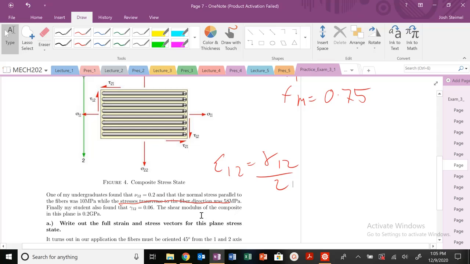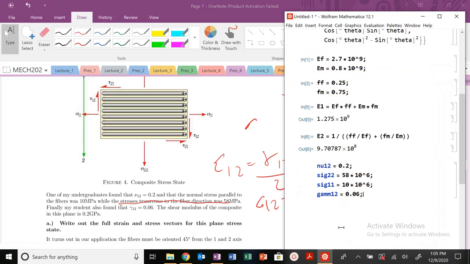So the shear modulus of the composite in this plane, I need the G12. We'll see that in just a second. My pen is giving me a little bit of an issue here. There we go. So my G12 is equal to this 0.2 GPa, which is 0.2 times 10 to the 9th.